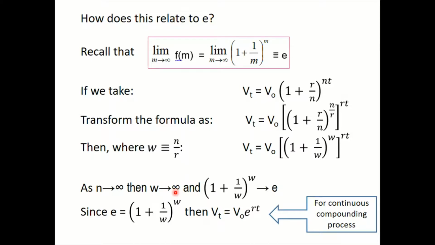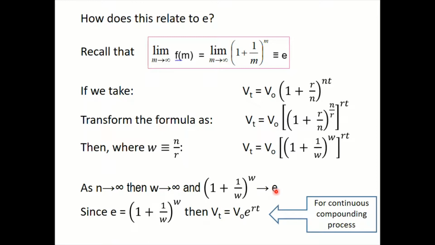And we know, taking this expression here, 1 plus 1 over w, all raised to the power of w, if w tends to infinity, then just as we saw when we worked with this function up here, the value of this will tend to e.